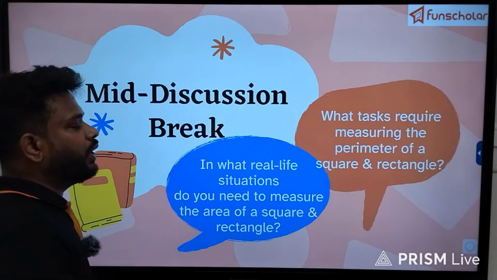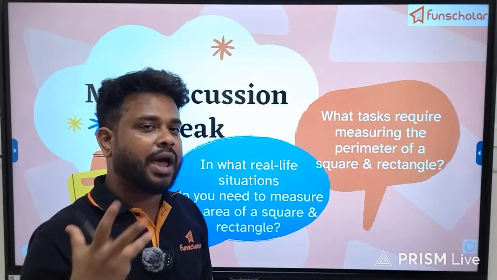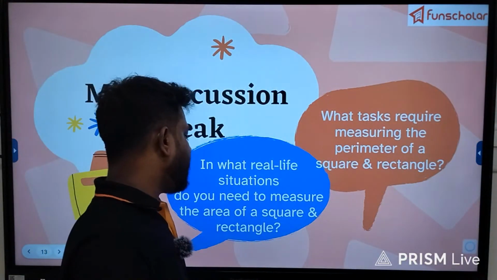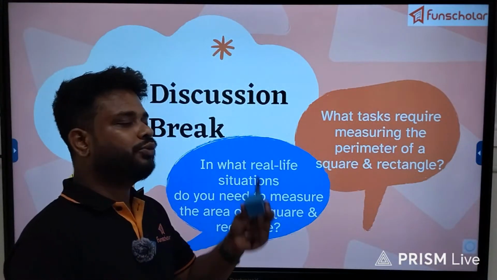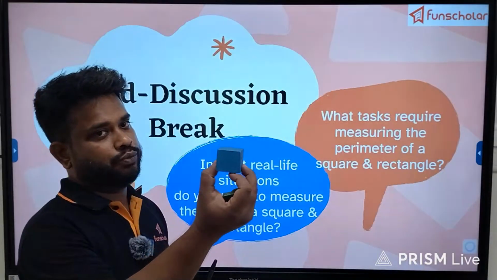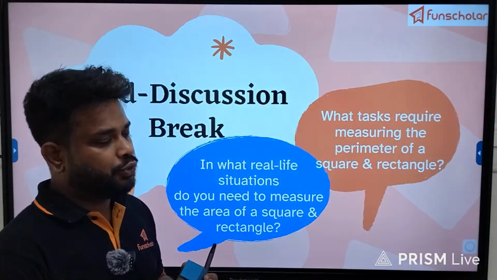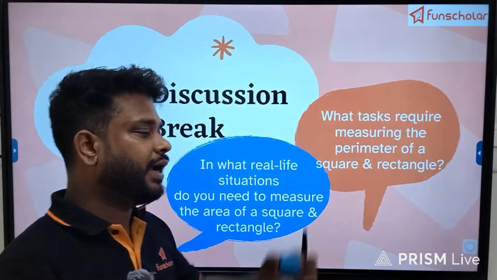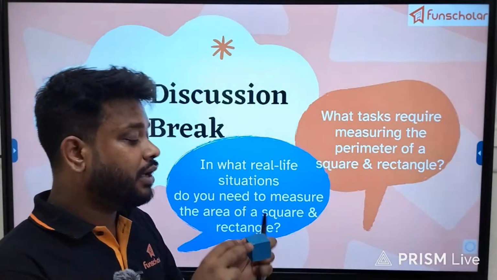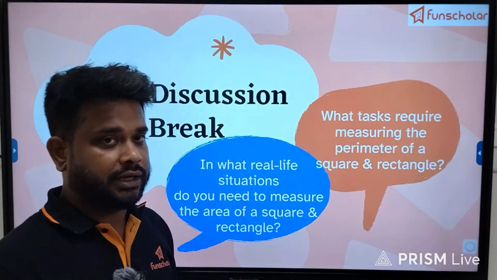So tell me, what are the real life situations where you have to measure the area and perimeter of a square or a rectangle? For me, if you want to measure this cube, you have to measure the area of its squares and rectangles to find the whole cube's area.